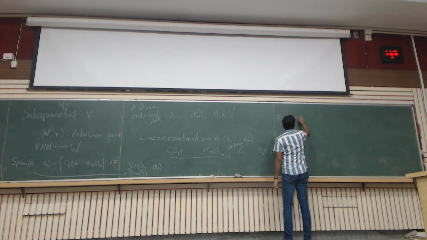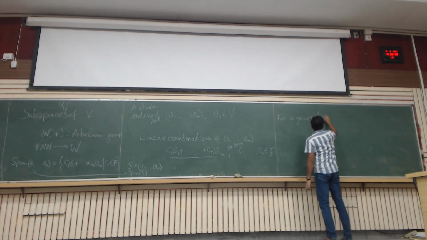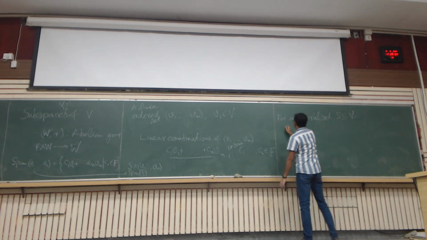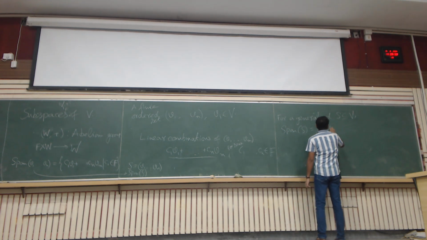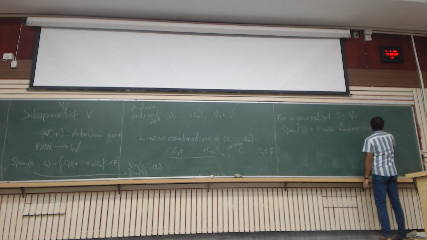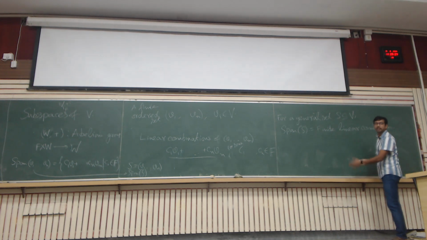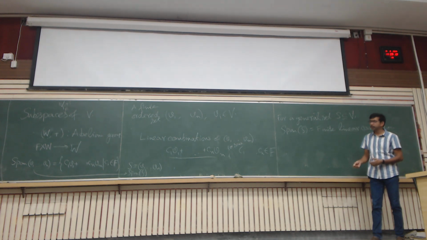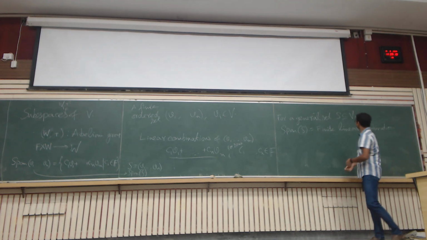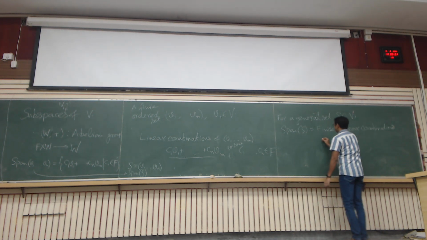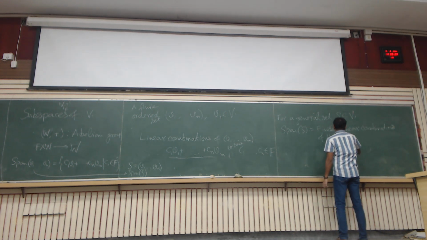Finite means that you take finitely many elements out of S in one group, and you take the linear combination of them with the coefficients from the field. So finite linear combinations of the elements of S.